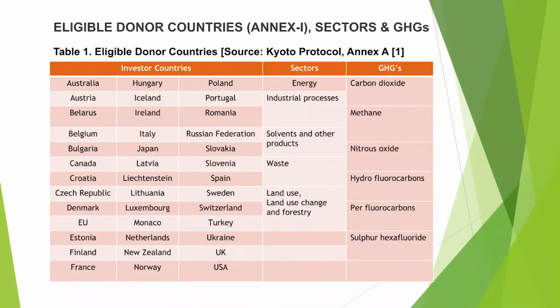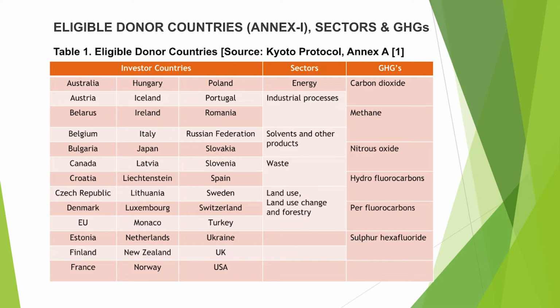Now in this table, you can see the eligible donor countries, which are included in Annex 1, and the sectors and greenhouse gas emissions. There are a lot of countries which are responsible for providing CDM projects to the developing countries.